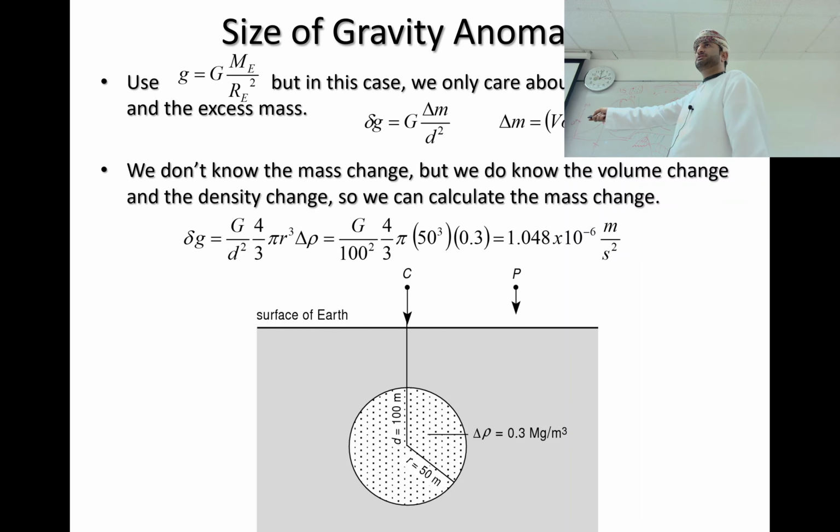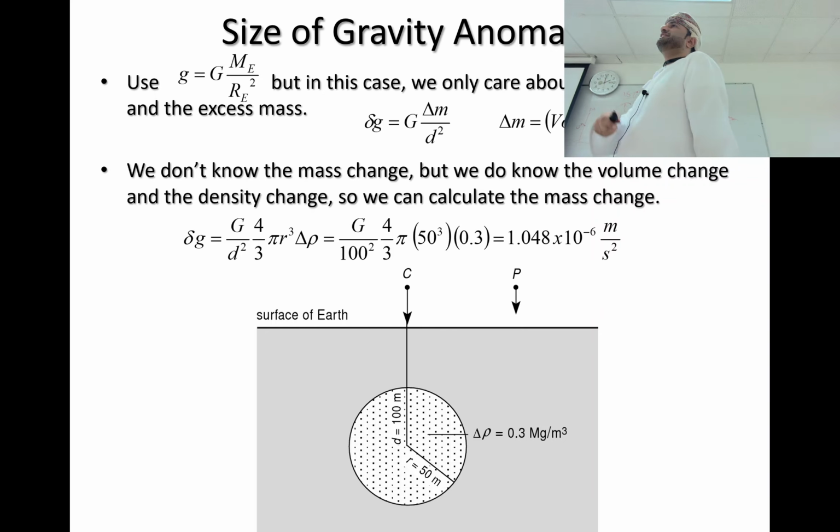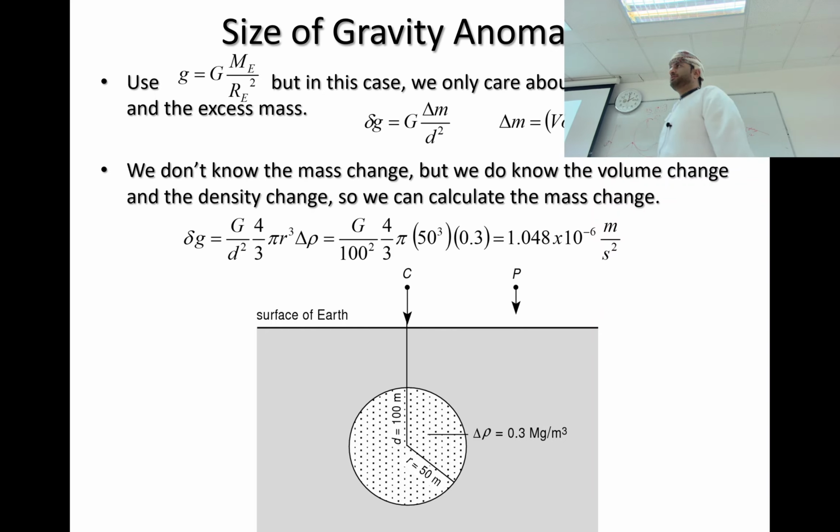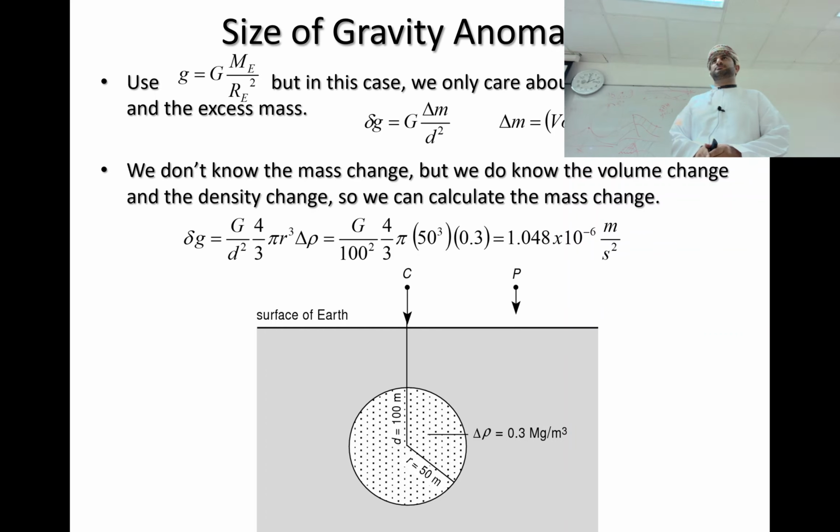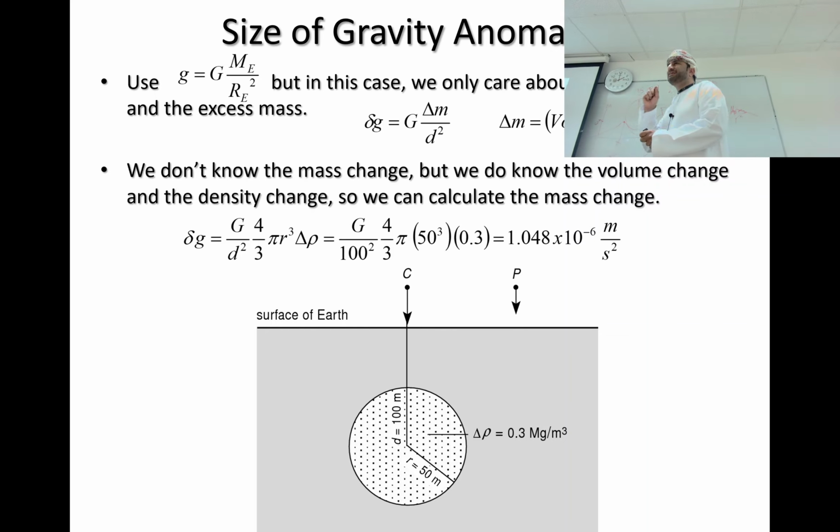How much is it? It's very small. It's not 9 point. Can I compare it to 9.8? Compared to that, this is nothing. It's ignorable. This is a very small number compared to 9.8. This is not the absolute, it's the change, delta G itself.